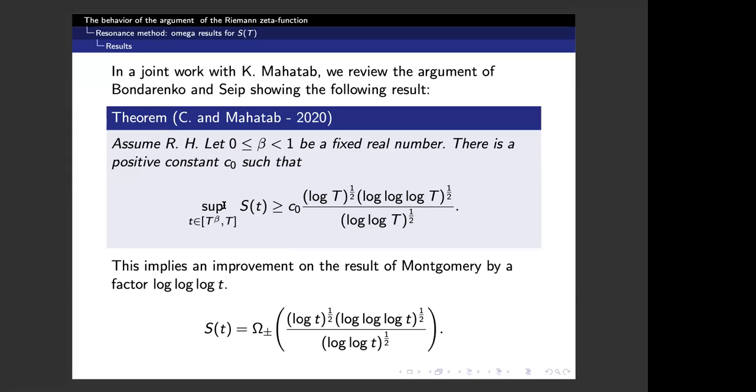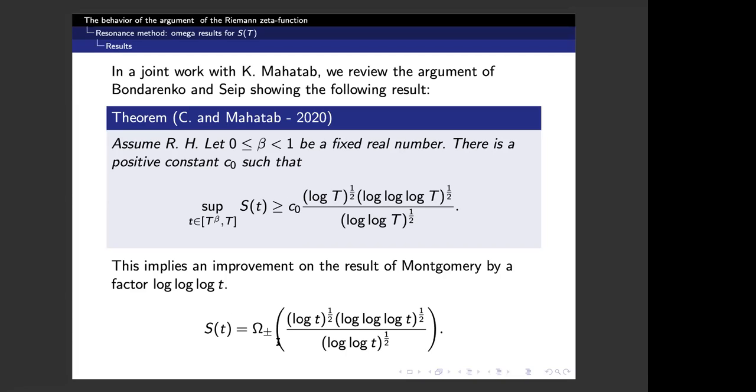Here are supremums, plus and minus. We proved both results, plus and minus. And this is exactly the omega result. So this result implies that S t is omega plus minus (log t)^(1/2) times (log t)^(1/2) over (log t)^(1/2).